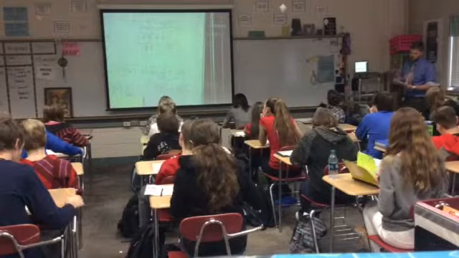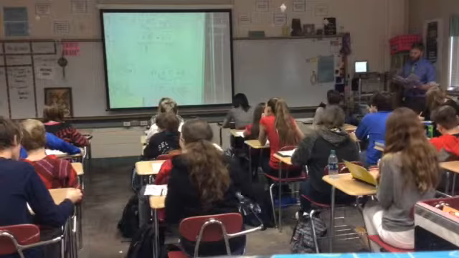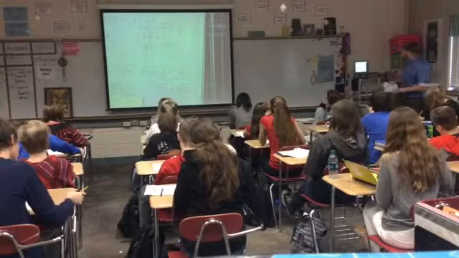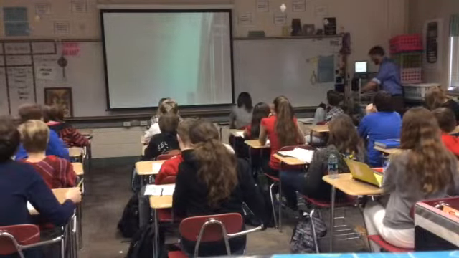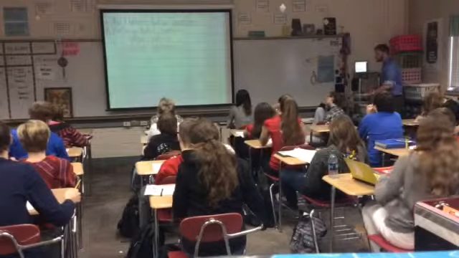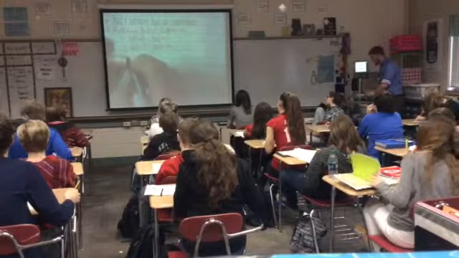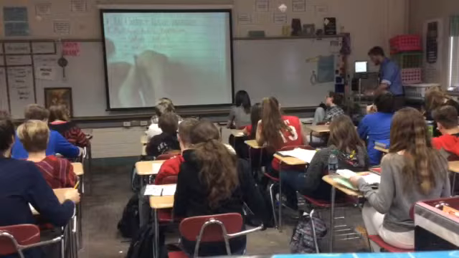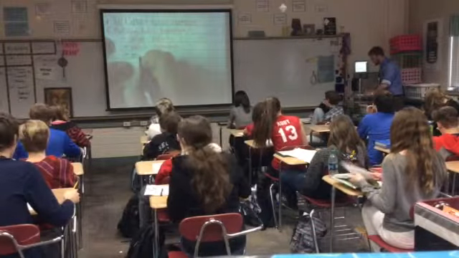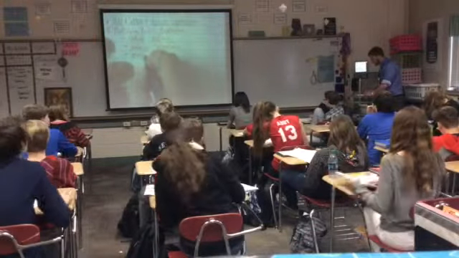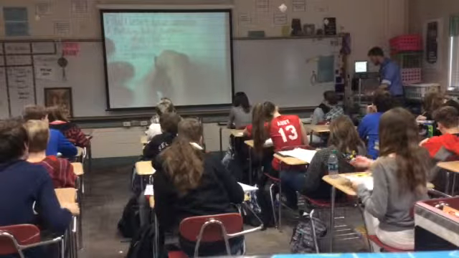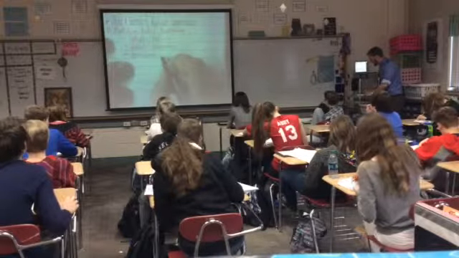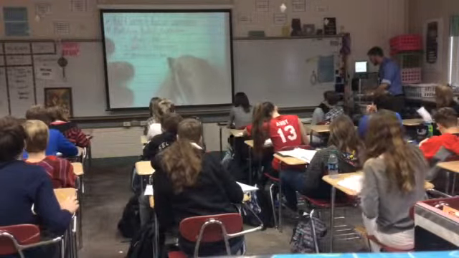Yesterday we talked about multiplying radicals: radicals times radicals and radicals times expressions. Today we're going to continue with radicals times expressions. We're also going to add expressions times expressions. So expressions containing radicals multiplied by expressions containing radicals.